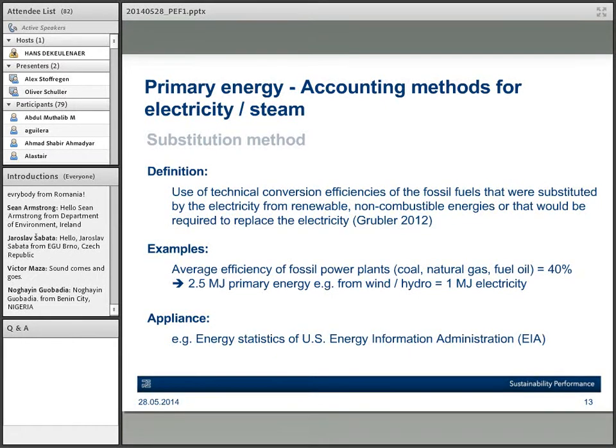So for every megajoule of electricity from wind, from hydro, from solar, the EIA would account 2.5 megajoule primary energy if they did the energy statistics for Europe. For the US, the average efficiency might be a little bit different.